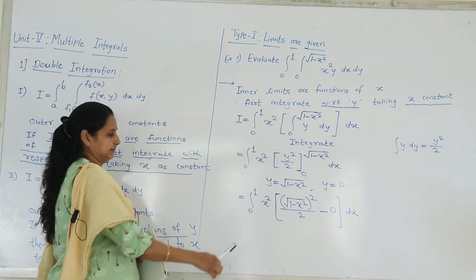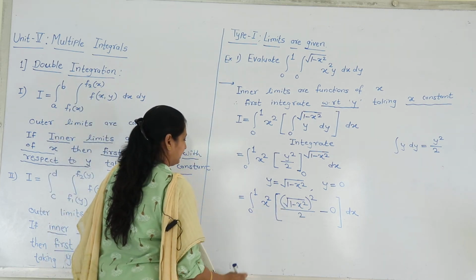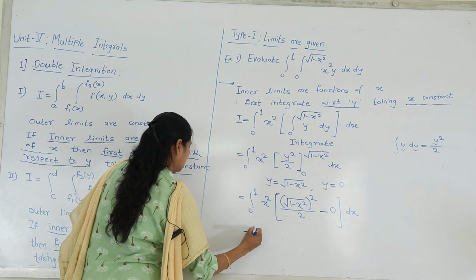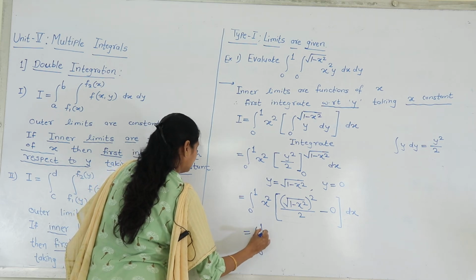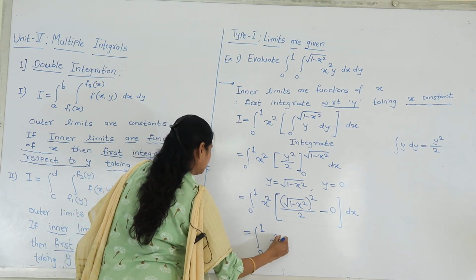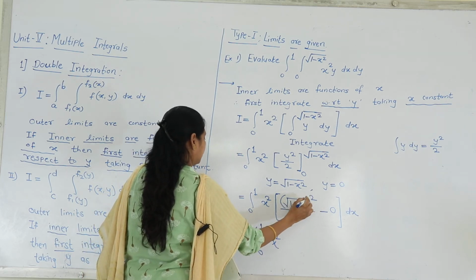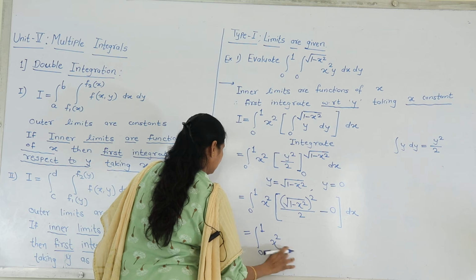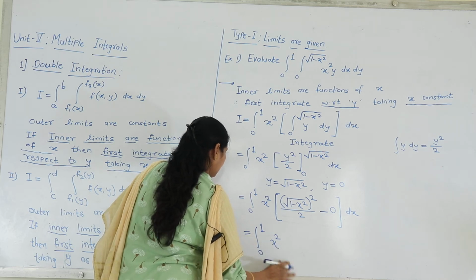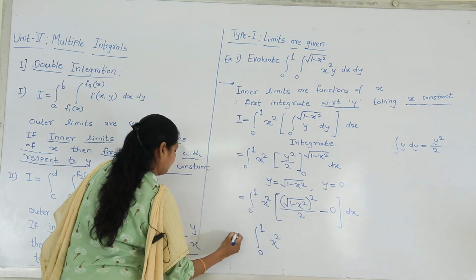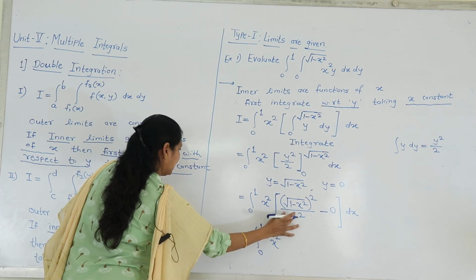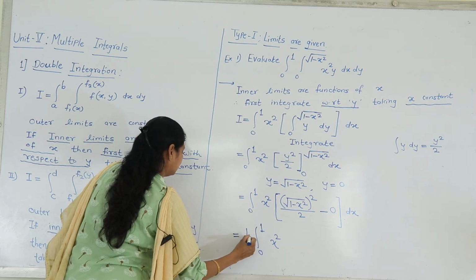Now solve this. Integration 0 to 1, x square as it is, root and bracket square, that means it gets cancelled. This 1/2 we can take outside.